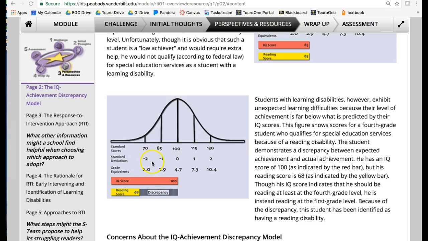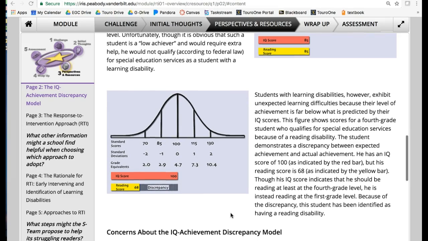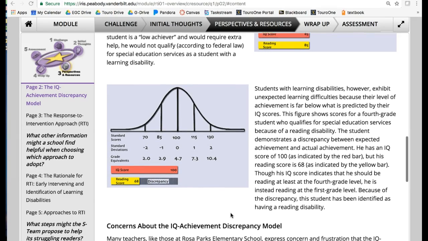Which, as you can see, is over 2 standard deviations below the IQ score, and quite below their grade equivalent. And this student would actually qualify for having some sort of disability and probably get support.